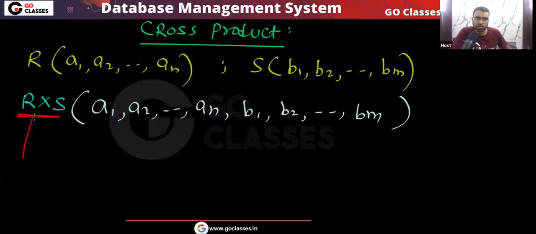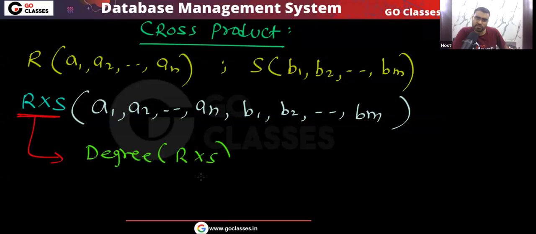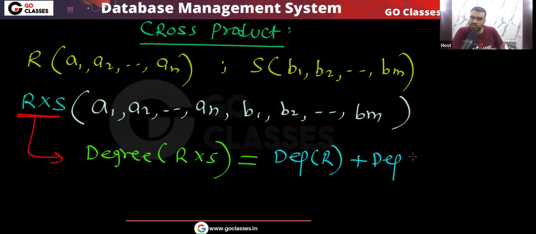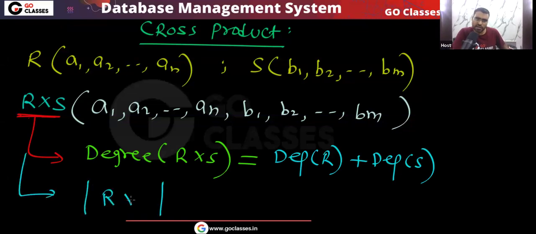So what is the degree of R cross S? That is equal to degree of R plus degree of S. Next, what is the cardinality of R cross S?